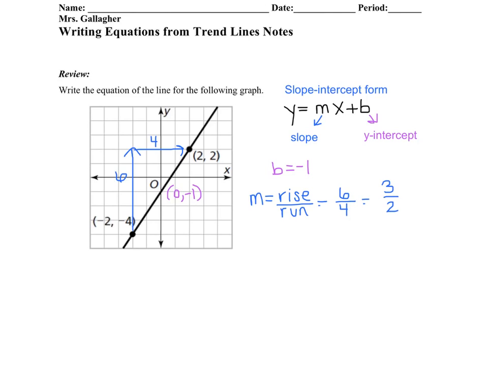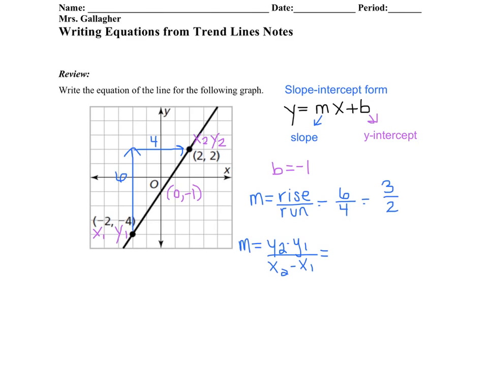Another way you can find your slope is using the formula, slope equals y2 minus y1 over x2 minus x1. Here's where we label our coordinates. We have our x1, y1, and then x2, y2, and we're going to substitute them.